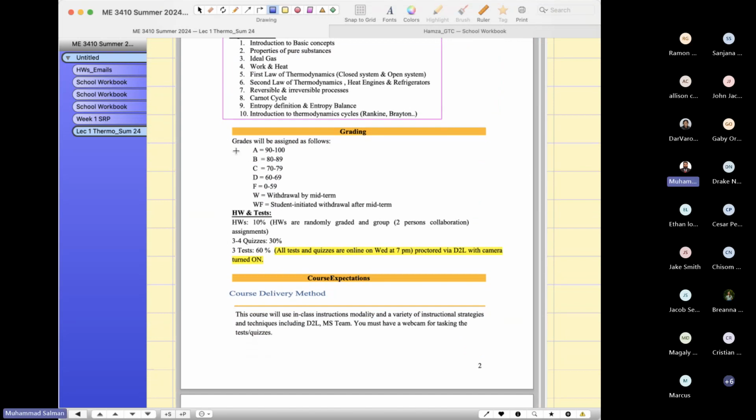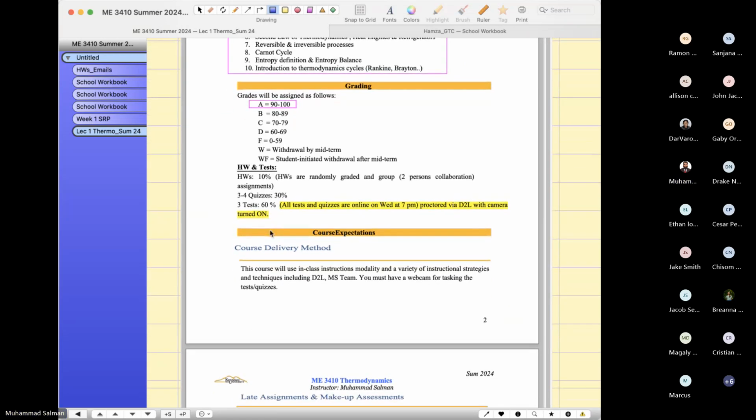The grading policy is that you will have grade A if you score between 90 and 100, and so on. There will be homework mostly every week, and it will help you to understand the concepts.